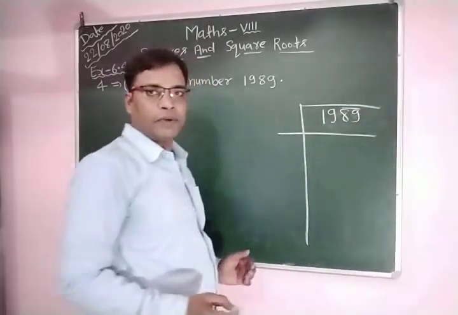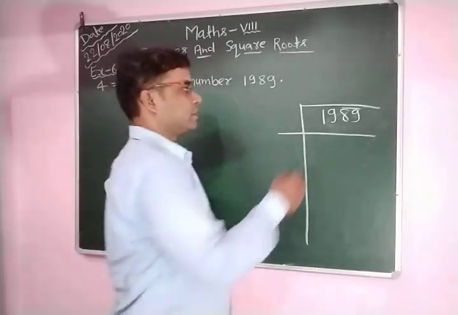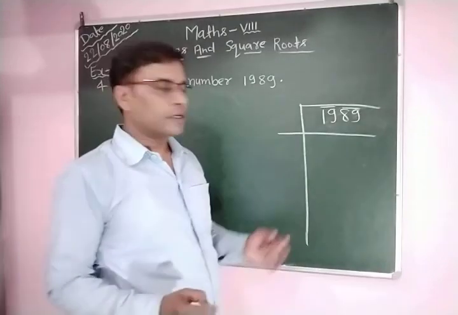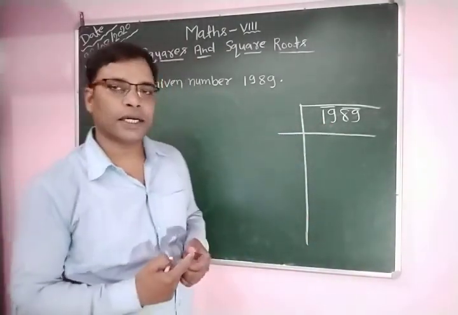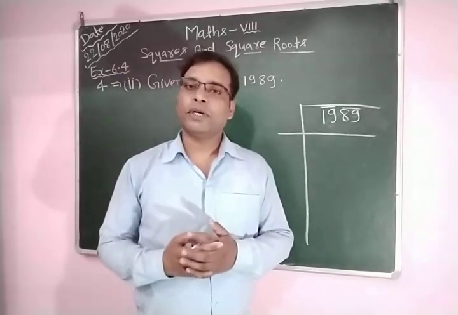We make pairs from right to left. So the first pair is 89, the second pair is 19. You can see 19 is at the extreme left. So we select a number whose square is less than or equal to 19.